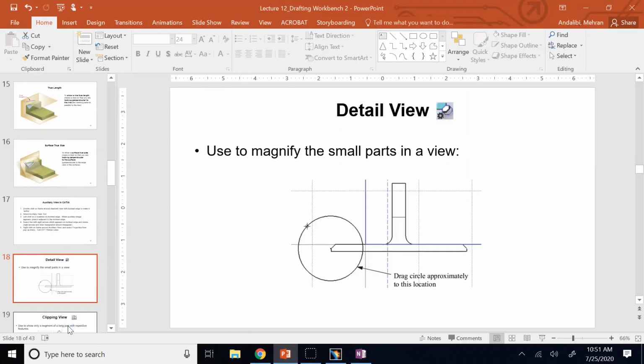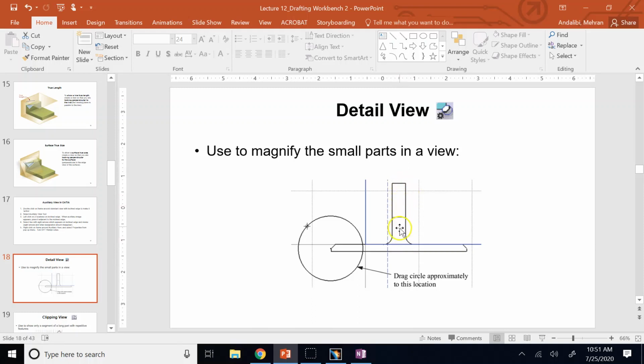What else? A detail view. So detail view is for the parts where you want to show a specific detail, a small portion of the part in large size with magnification, so that you can show more details. Like something like this part.